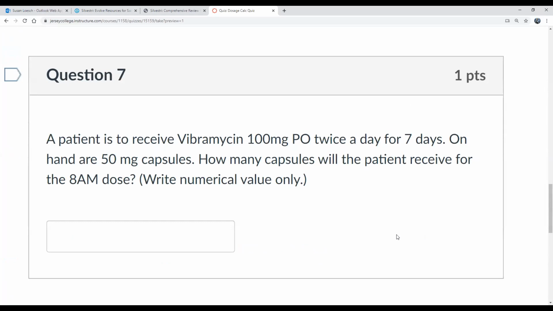Well, if you know you have 50 milligrams on hand and you need 100 milligrams, then you're going to give 2, right? And then I asked you, how many would you need for all 7 days? If you were checking the prescription, let's say you had somebody with dementia, and you just wanted to count to make sure that they're dosed out accurately, you might want to know how many you actually have on hand.